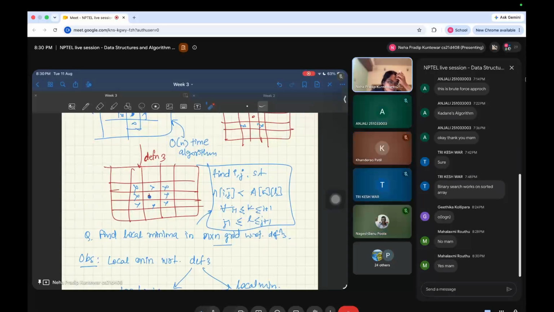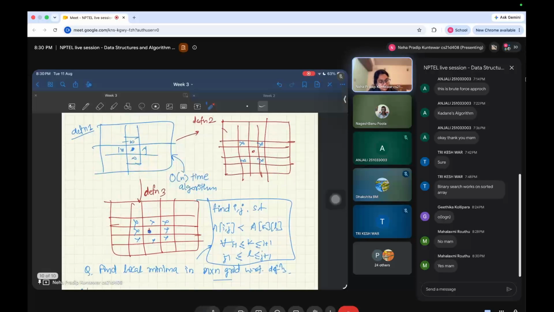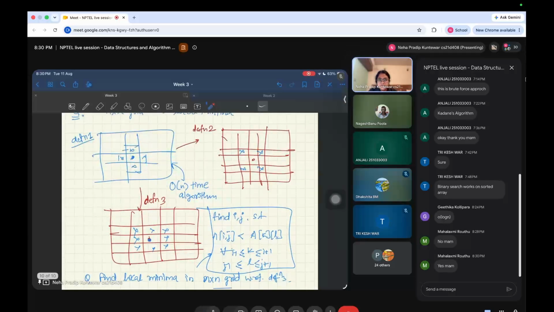So I see some answers. Mahalakshmi says yes. So why does it work? Because two columns are fixed, ma'am. Columns are fixed as in, what are the two columns that are fixed?